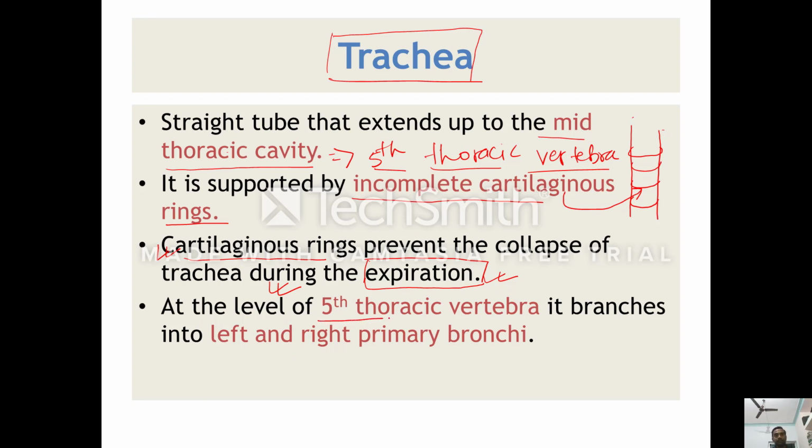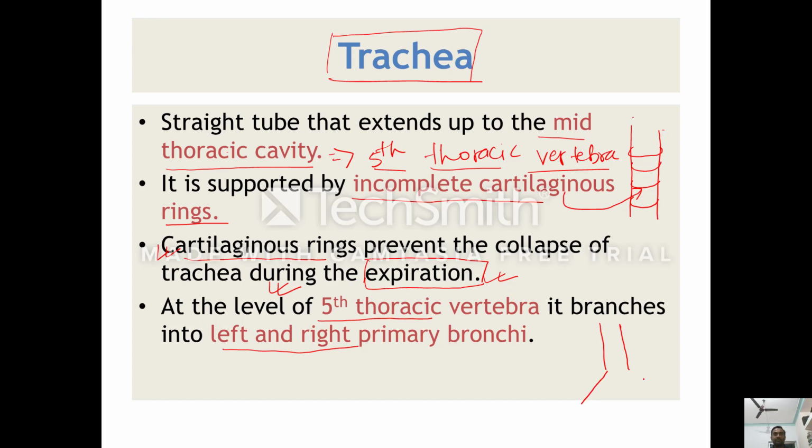And at the level of the fifth thoracic vertebra, the trachea branches into the left and right primary bronchi. So this is the trachea, up to the fifth thoracic vertebra.